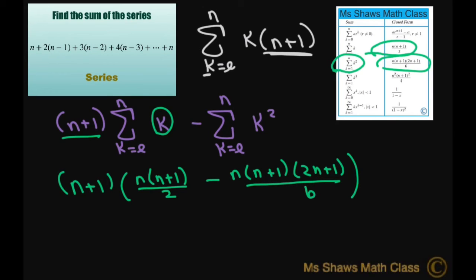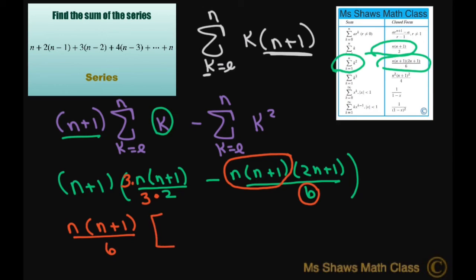Now what I'm going to do is factor out this (n plus 1) divided by 6. That means I need a 6 here for the common denominator. So that means I have to multiply this by 3, so I'm going to multiply the numerator by 3 as well. If I factor that out, I'm going to get n times (n plus 1) divided by 6.